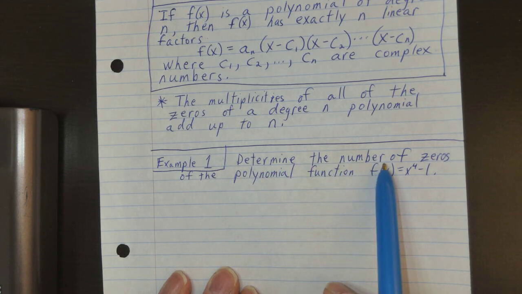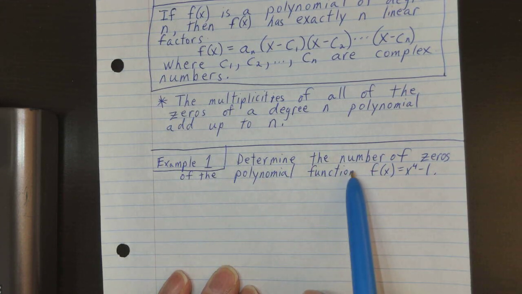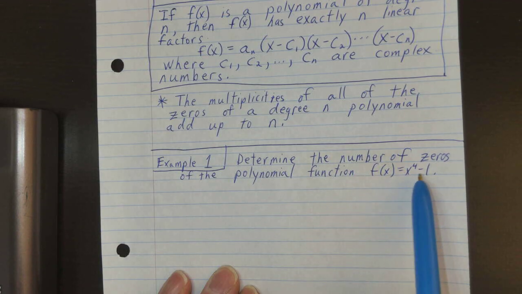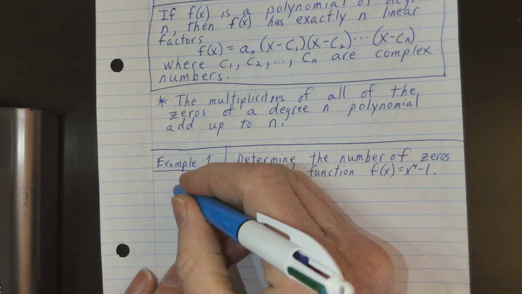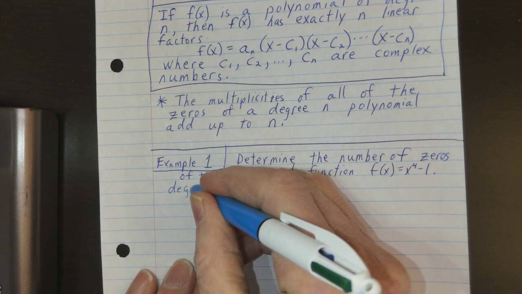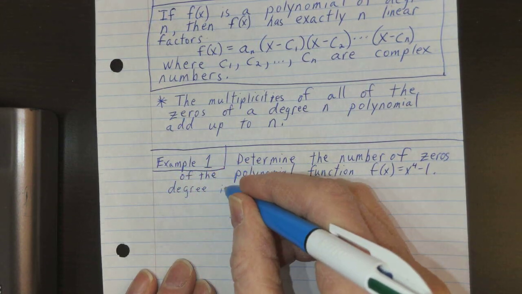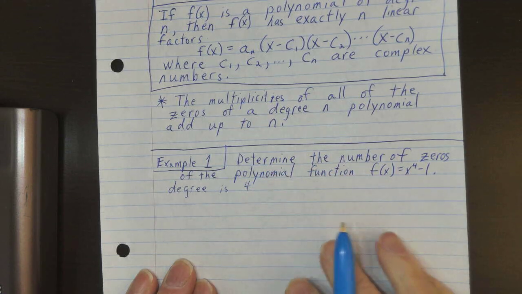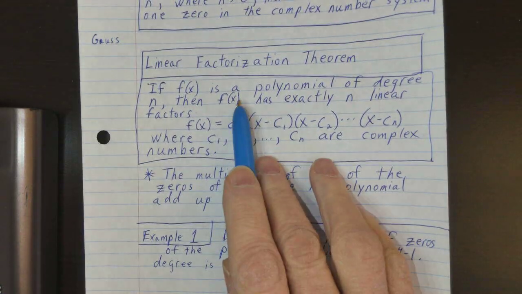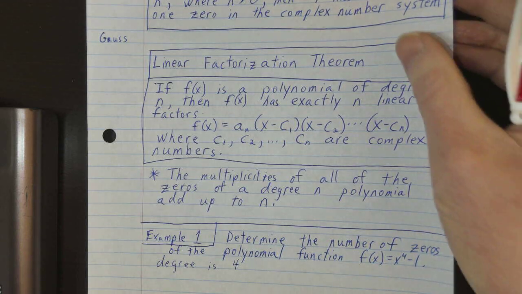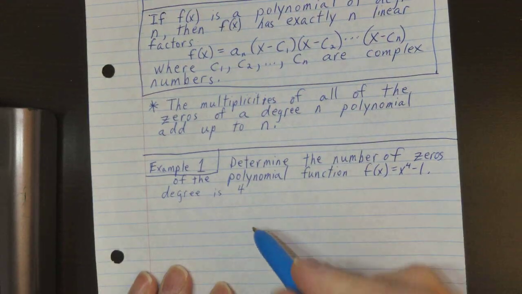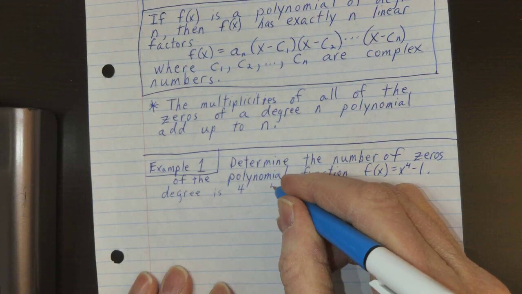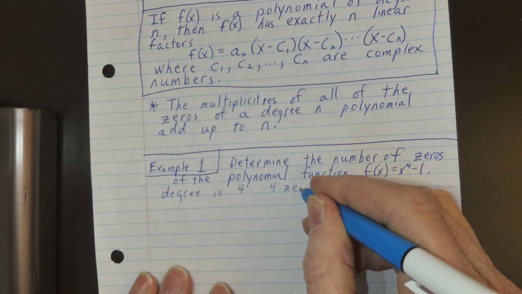It says determine the number of zeros of the polynomial function f of x equals x to the 4th minus 1. All right, well, the degree of this polynomial is 4. So according to this, we should be looking for 4 zeros.